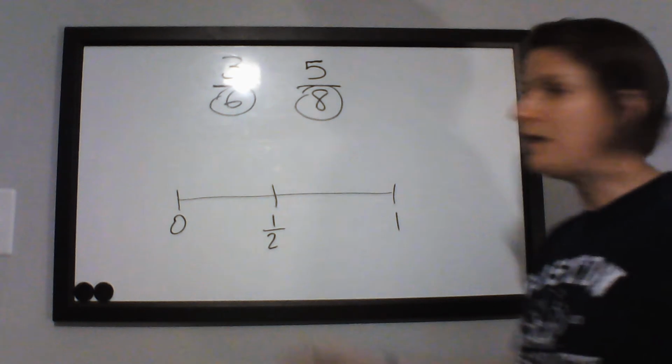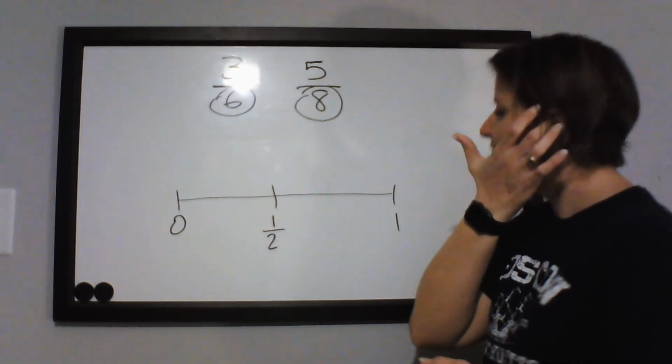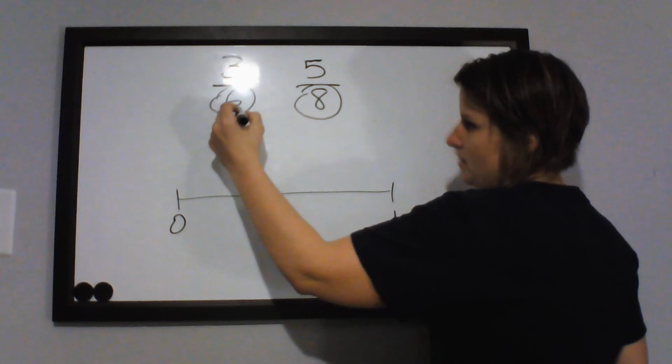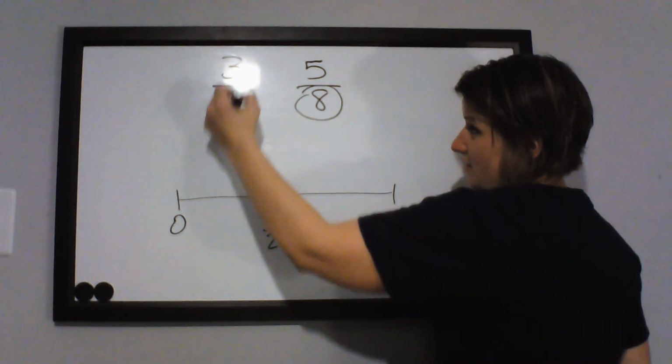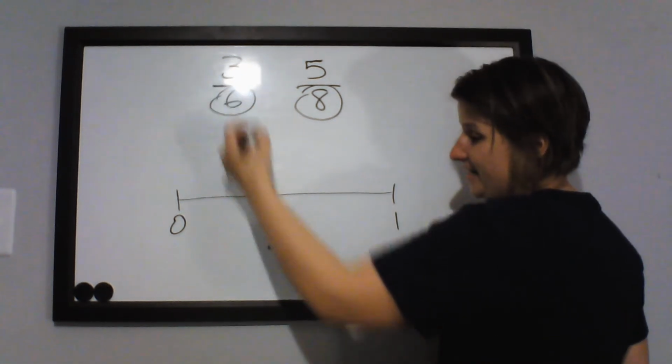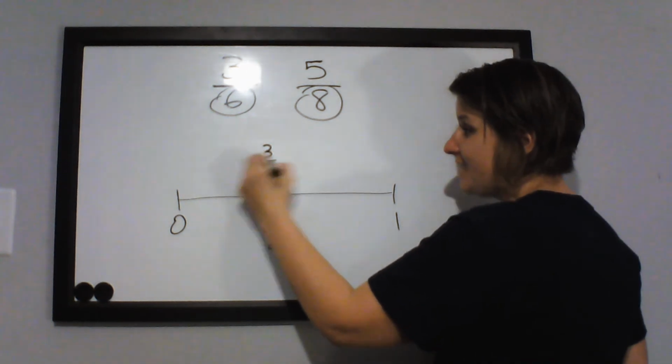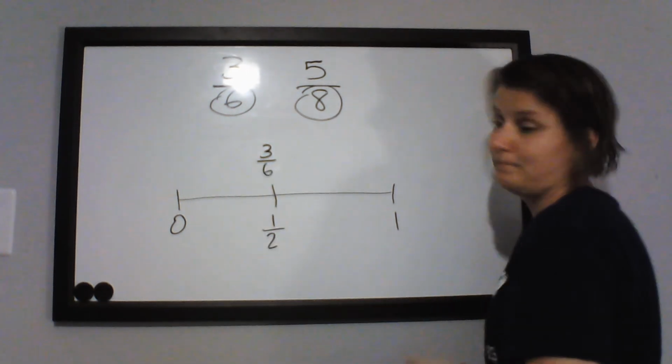And it's looking at these fractions and seeing where they fall. And so what is half of 6? Well, 3/6. That means 3/6 and 1/2 are equivalent fractions, and 3/6 actually goes right here on the number line. Okay?